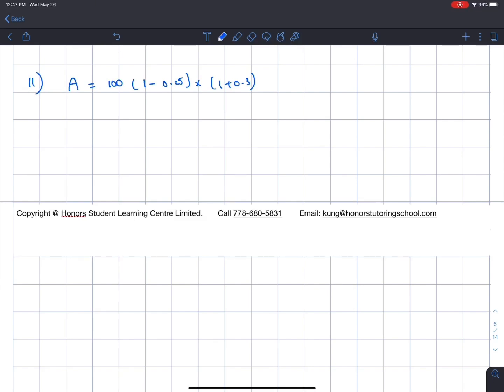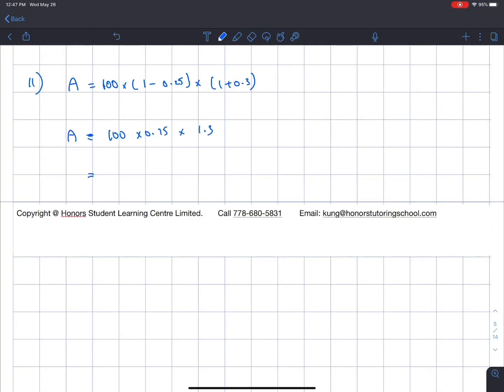Now, if you want to keep things simple, you can actually also just let the initial amount be 1. Well, actually, never mind. Yeah, let's make it 100. Maybe we'll do the shortcut way later in Math 9. So we'll just continue doing it like this for now. So 100 times 0.75 times 1.3.